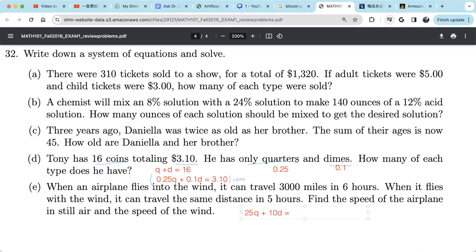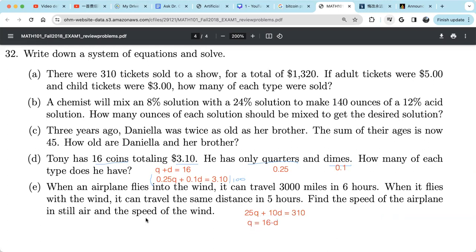Then 3.10 times 100, that's 310. So by doing so, we don't have to deal with the decimals. And from the first equation, we can write Q or D in terms of the other variable. So we write Q equals 16 minus D.